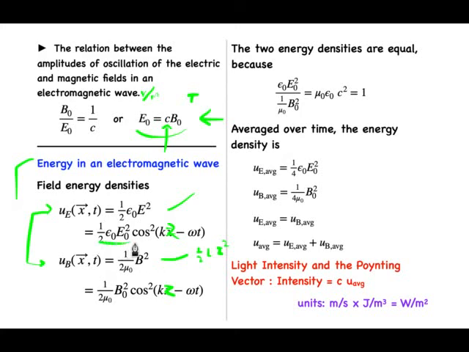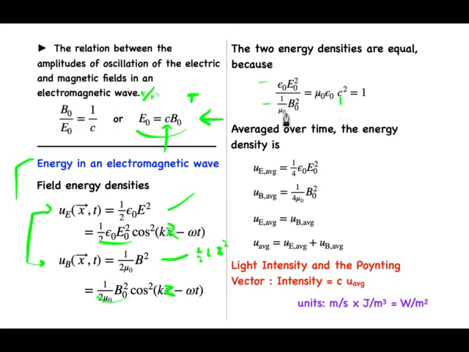Now, these coefficients are equal. Let's look at epsilon naught E naught squared and divide it by B naught squared over mu naught. So I have E0 over B0 squared. Well, that'll be C squared. So there's the C squared.